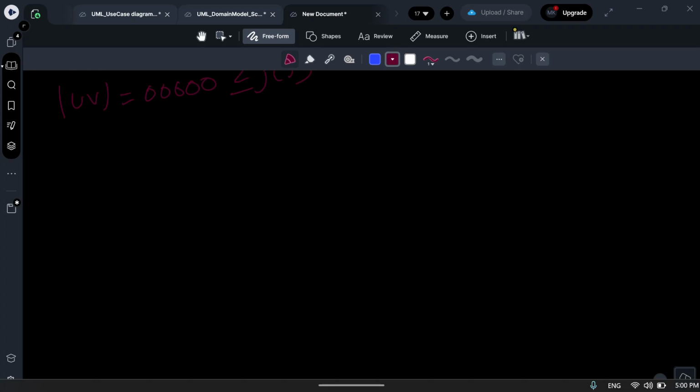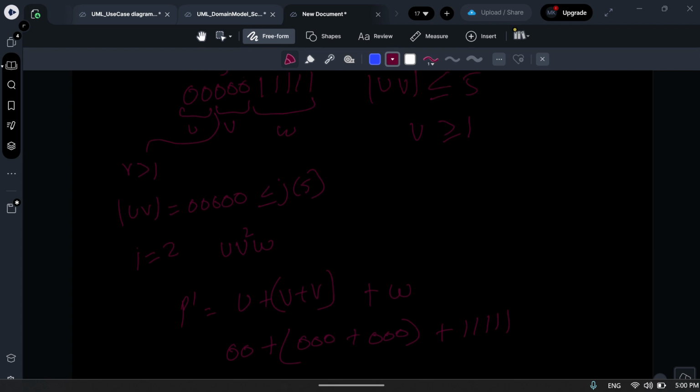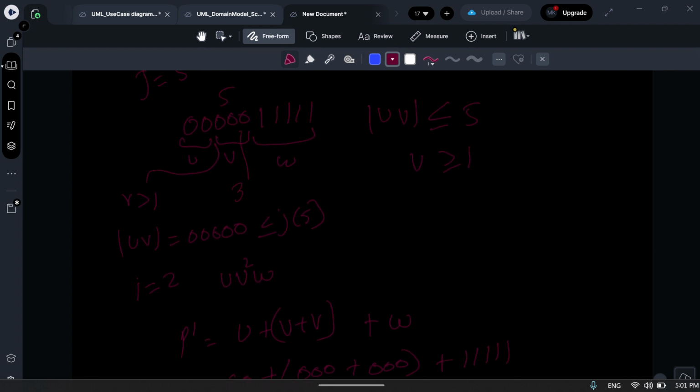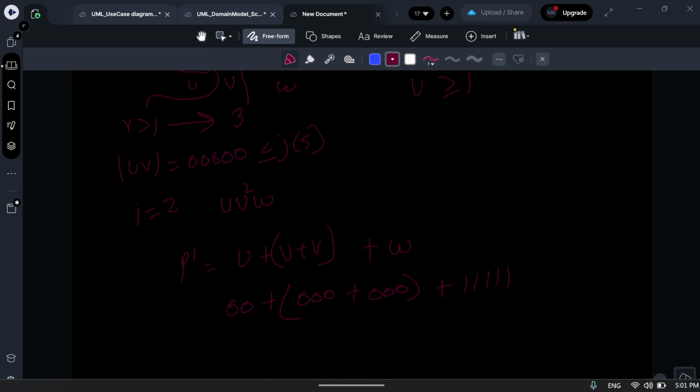Now the winning move is that I choose a pumping multiplier i equals 2. UVW becomes UV^2W, and the new length becomes U plus V plus V plus W, which means 0, 0 plus 0, 0, 0 plus 0, 0, 0 plus 1, 2, 3, 4, 5. We knew that our V had 3 here, and 3 is of course bigger than or equal to 1 as well.